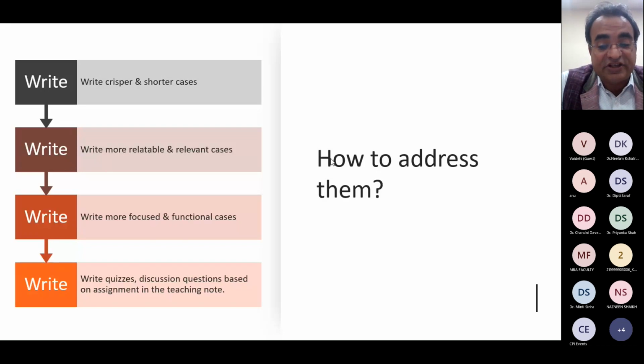In order to make it more engaging, because they should not lose the main objective of active learning, you can perhaps write quizzes and you can have discussion questions which are based on assignments in the teaching note itself. So these are probably the ways you could address the issues which we encounter today as faculties or case writers. Next slide, please.